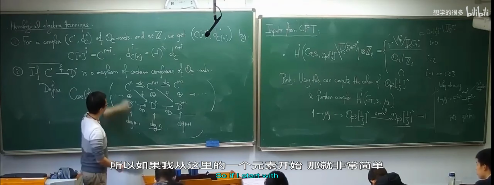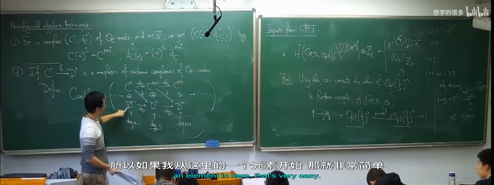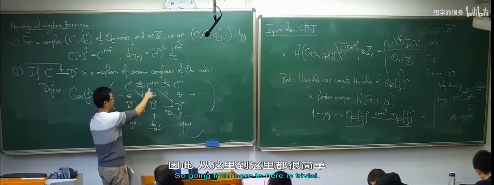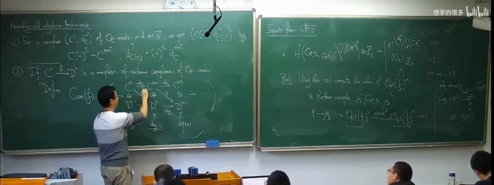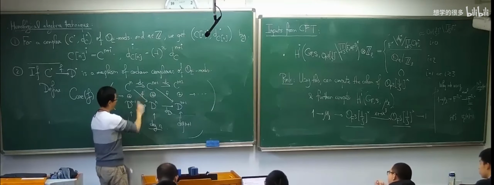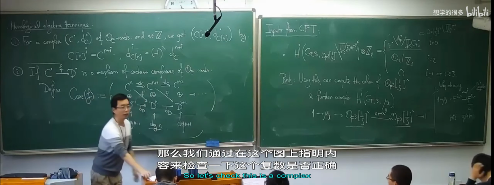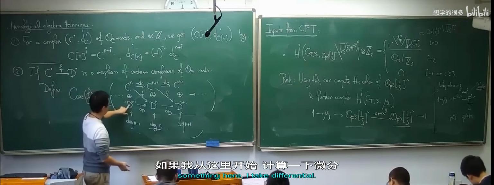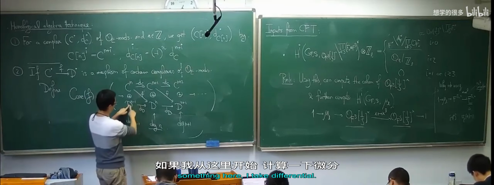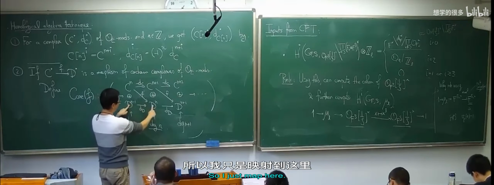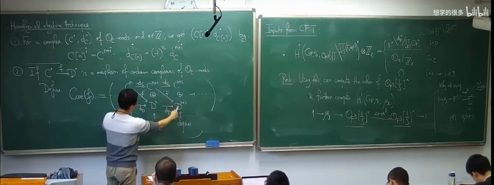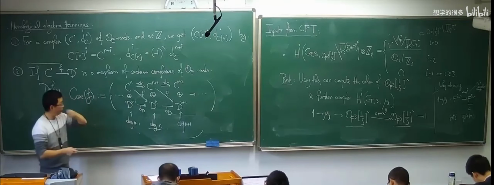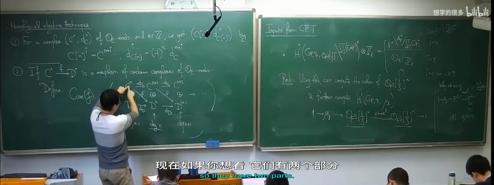If I start with an element in here, going from here to here is trivial, so this is the zero map, and I don't write that. Let's check by pointing things out on this diagram. If I start with something in D, I take the differential, it maps here, and the next differential gets to here. That's the same as on D: you take the differential twice, you get 0. Now if you're on C, it has two parts.